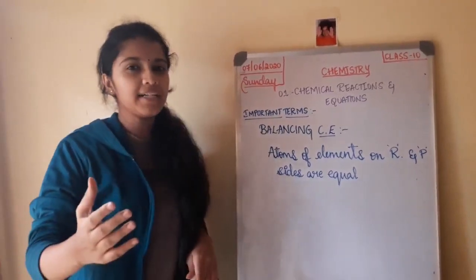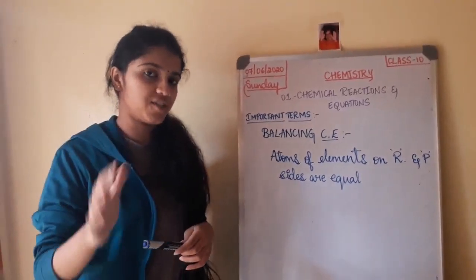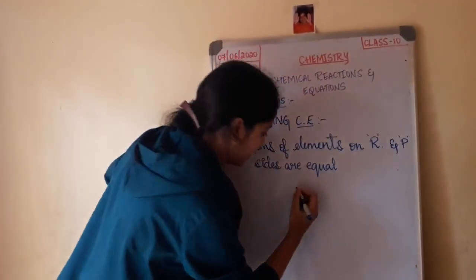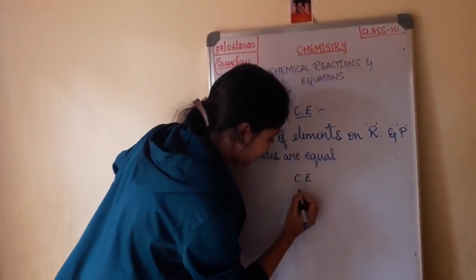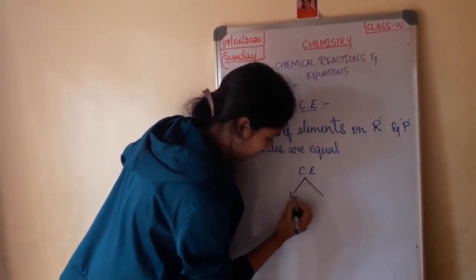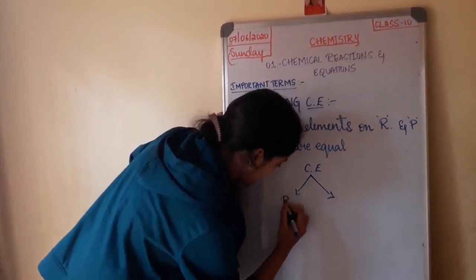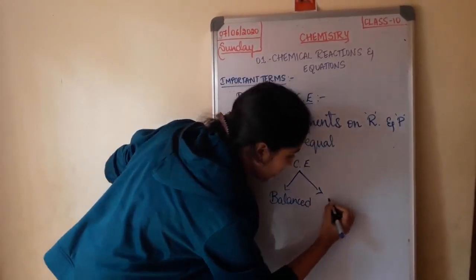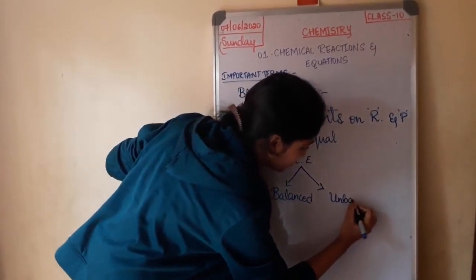Next, I think you understood how to write chemical equations, but there are two types of chemical equations: the balanced chemical equation and the unbalanced chemical equation.